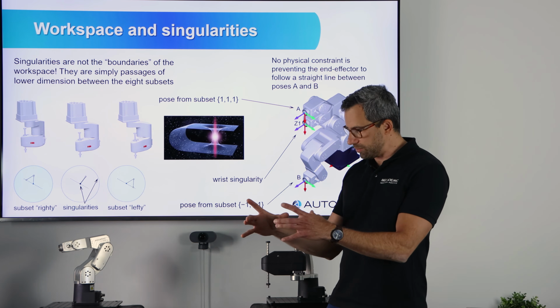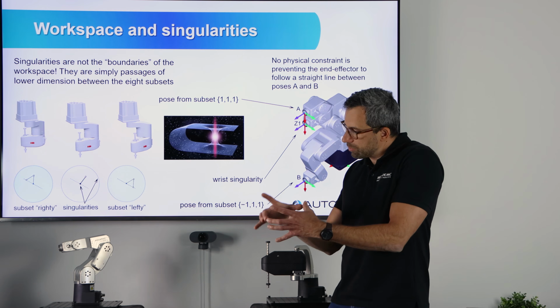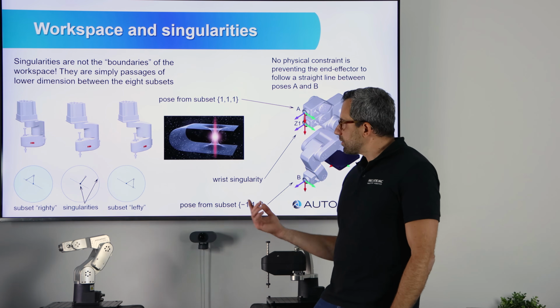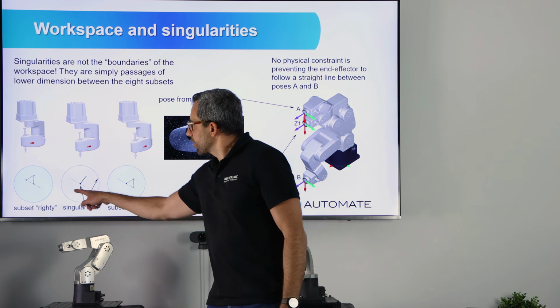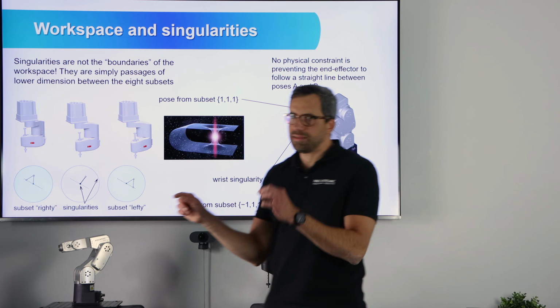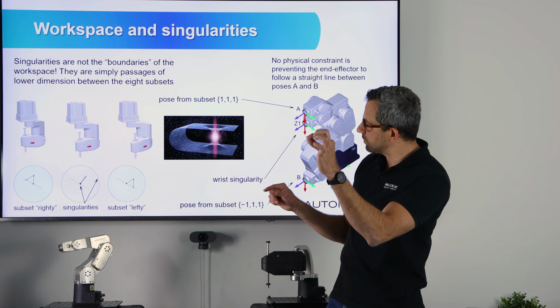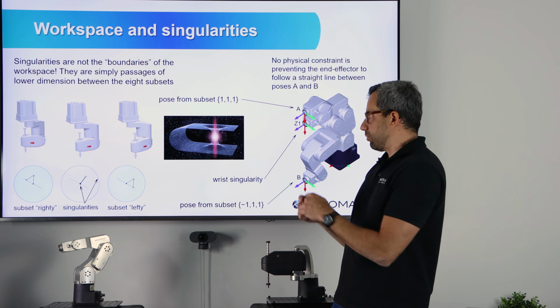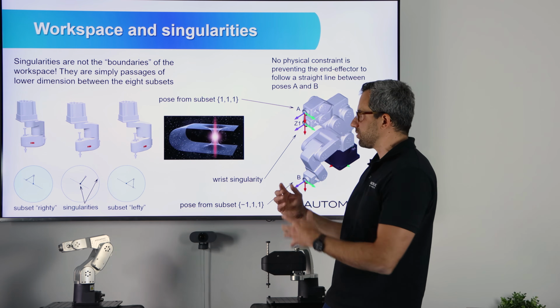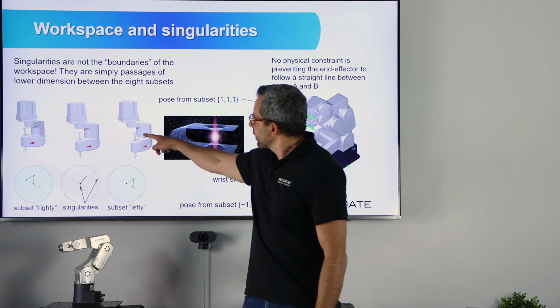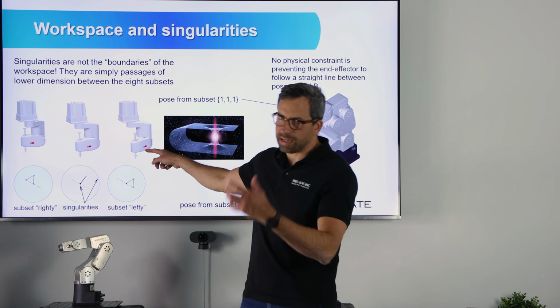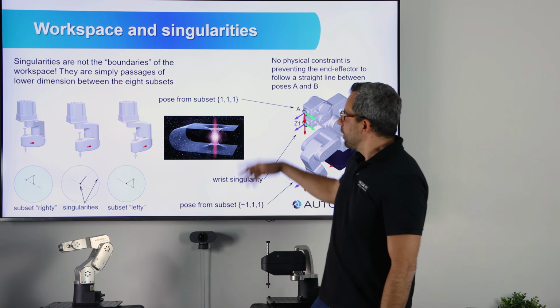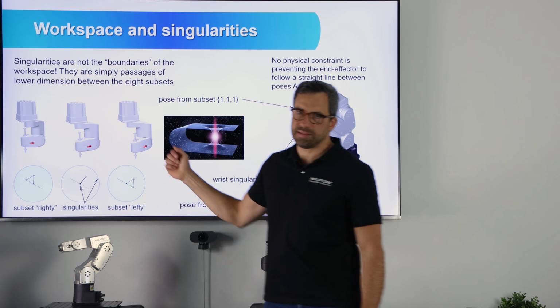So your workspace is a complete circle. But let's say I ask you to move along a line that crosses the center of the circle. Well, you cannot, because you will have to cross a singularity when this axis, the axis of the spline shaft, is coincident with axis 1.